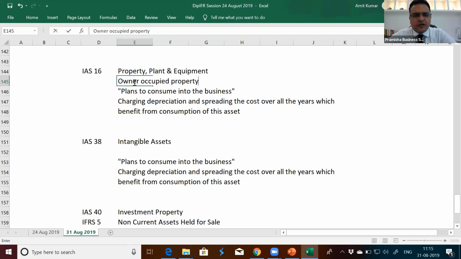If it is an owner-occupied property, they plan to consume it into the business. IAS 16, if it is a tangible asset, becomes applicable. If it is an intangible asset, IAS 38 becomes applicable. If we plan to consume any tangible or intangible assets into the business, we use IAS 16 or 38.